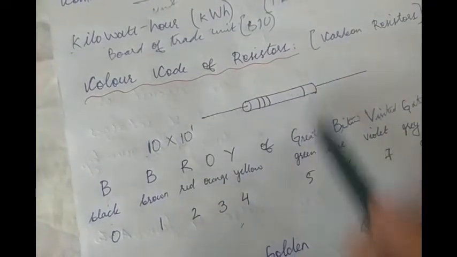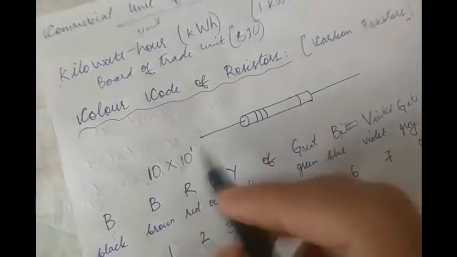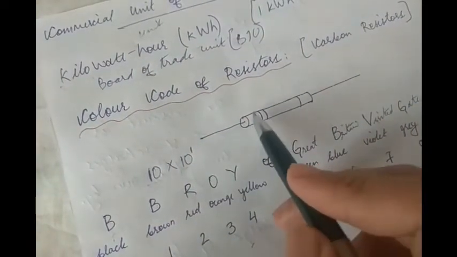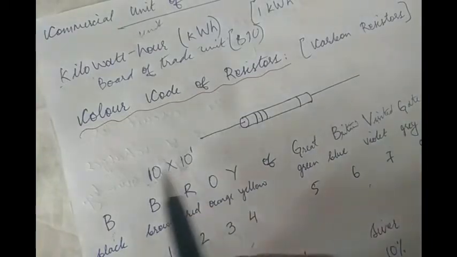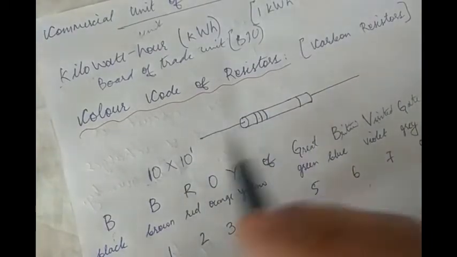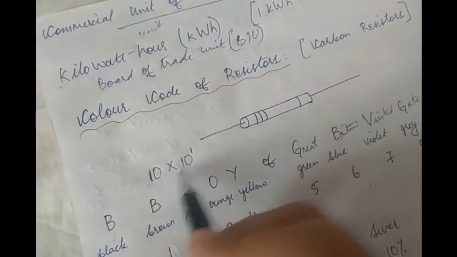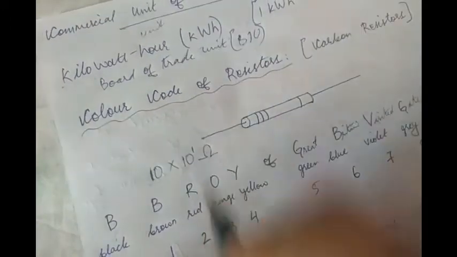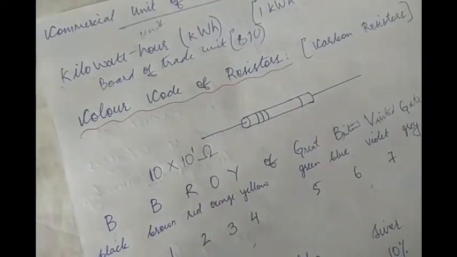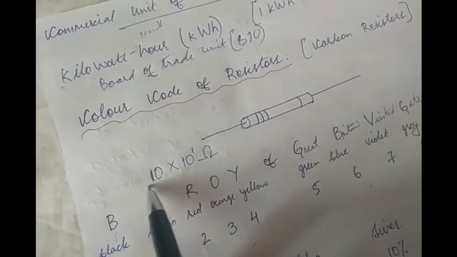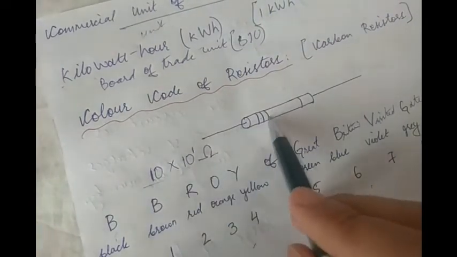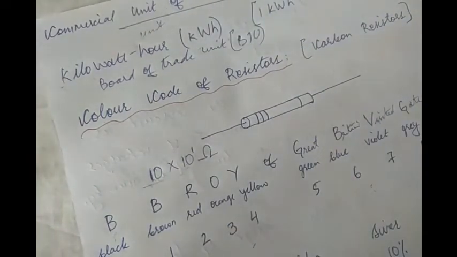Then after the fourth band, if it is brown, black, brown, the value of the resistance of this resistor is 10 into 10 to the power 1 ohms. But this is not the exact value of the resistance of this resistor.